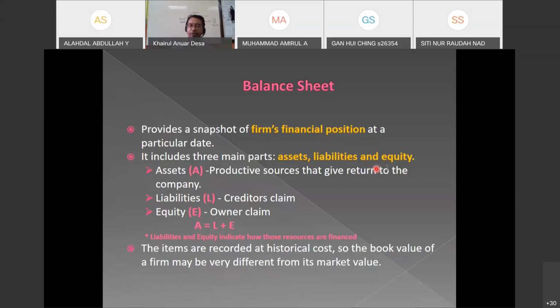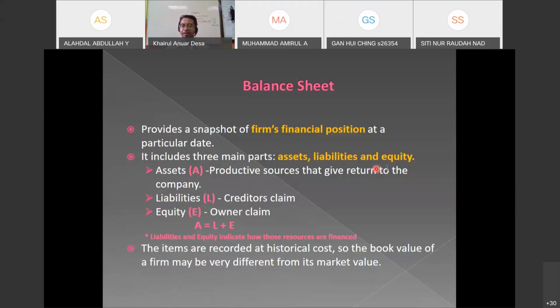The company must set one accounting period, start from 1st January and end 31st December, or start 1st let's say April and end 31st March.